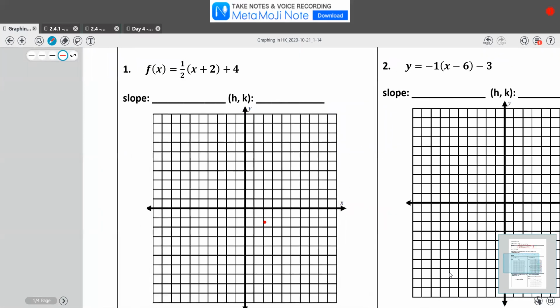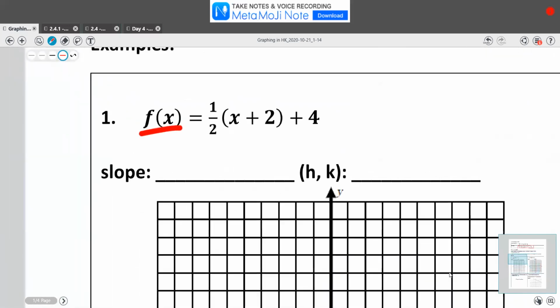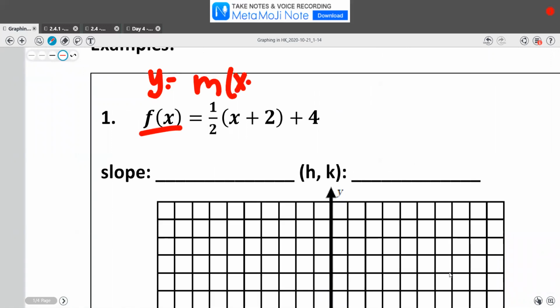My first equation is f of x, and f of x is just a different name for y. Okay, so in this case, what is my slope? Well, let's compare it. I got y equals m(x minus h) plus k.